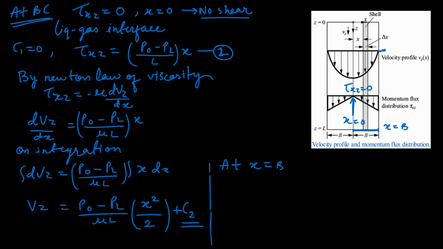Velocity profile equals to 0. No relative velocity between the solid liquid interface. This is my wall. So the solid liquid interface causes no relative velocity, that is also the no slip condition.